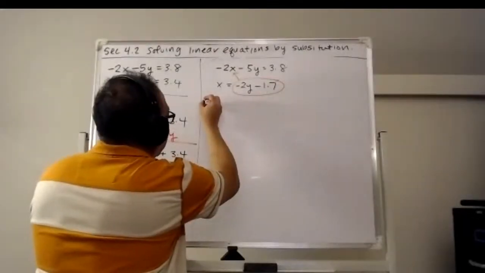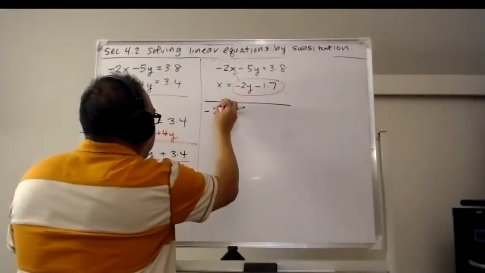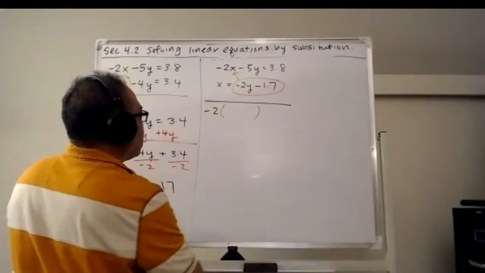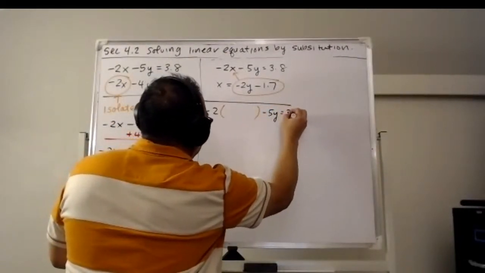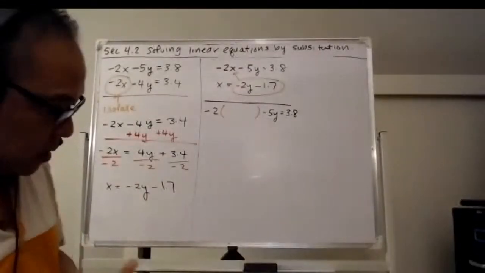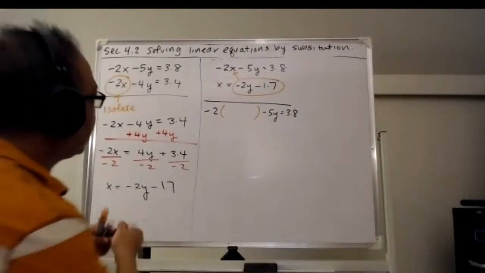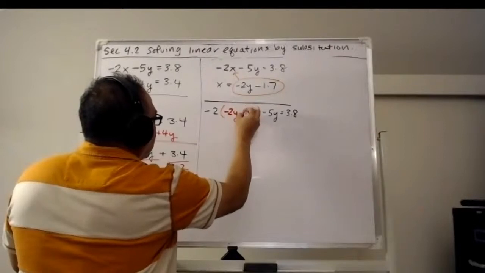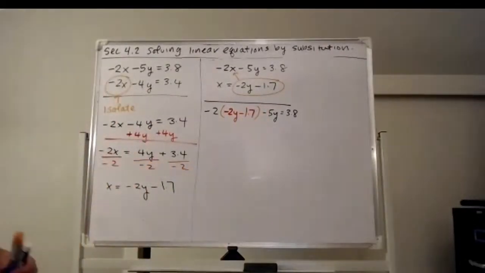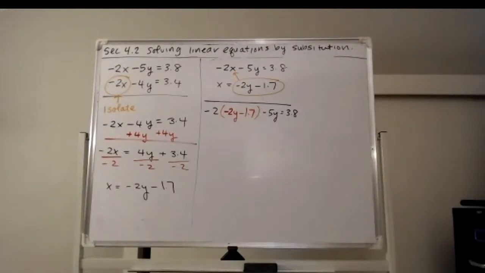Anytime you do a substitution, you put parentheses around the variable. And then I'm going to put negative 2y minus 1.7 there. Okay, so go ahead and deal with that.